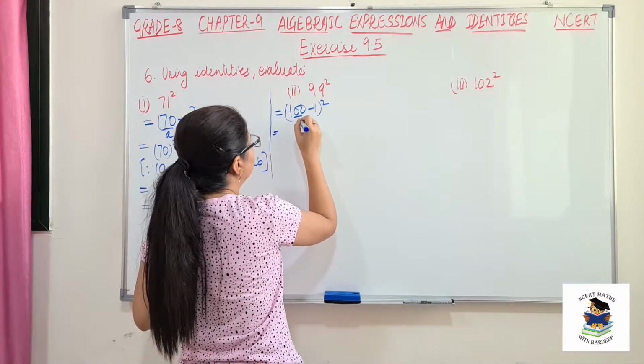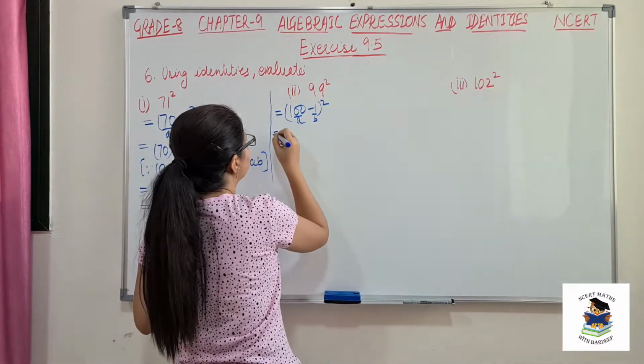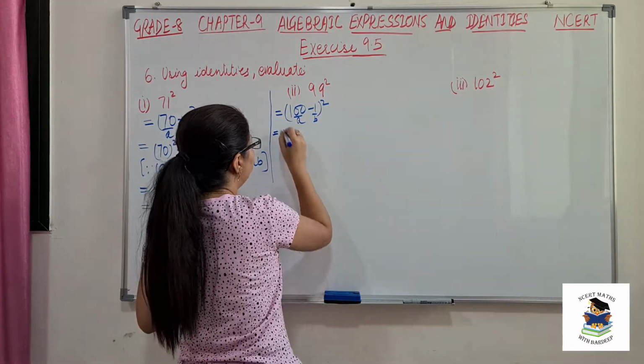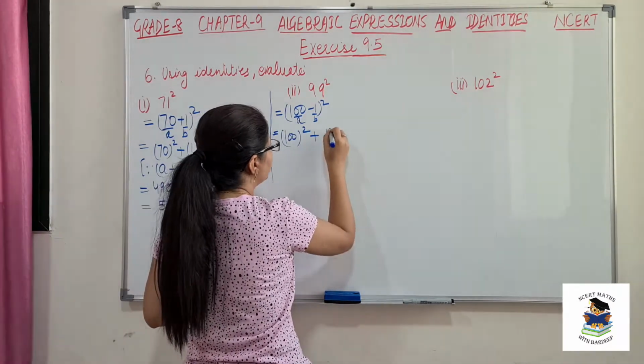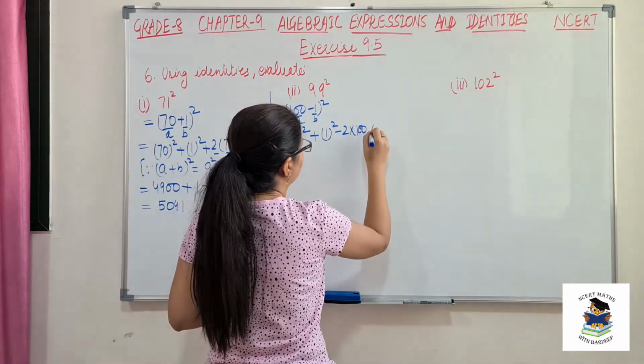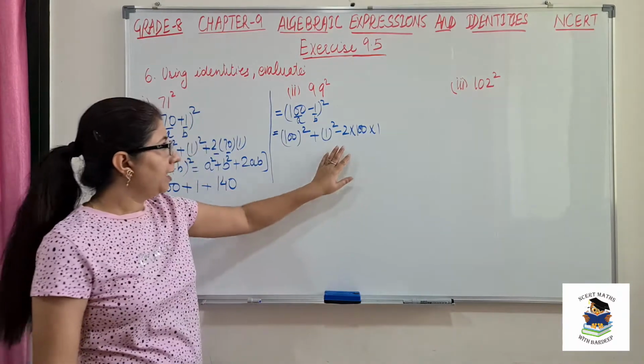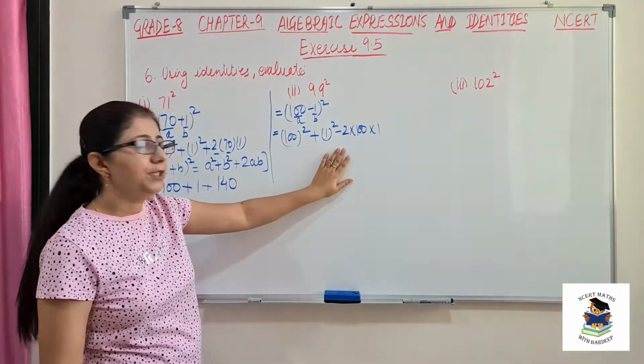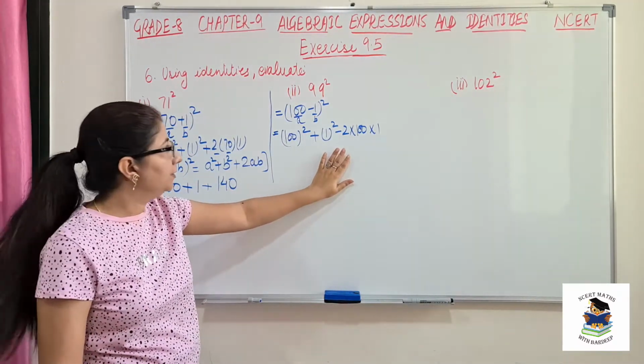Again this is (a minus b) whole square. So we will write a square plus b square minus 2ab. Again we will tell which identity we are referring to.